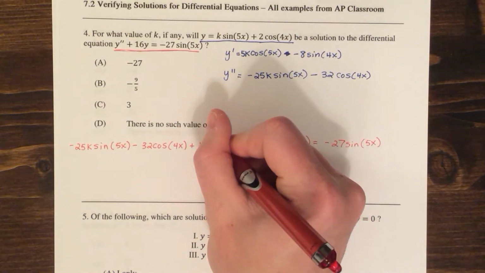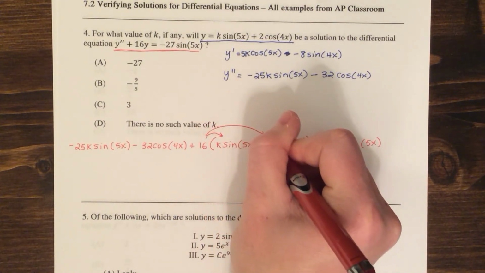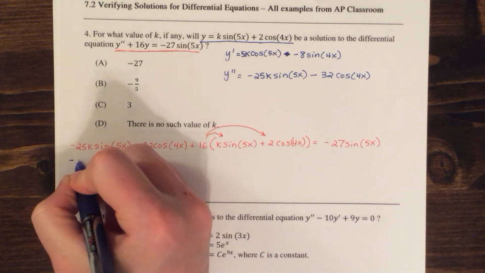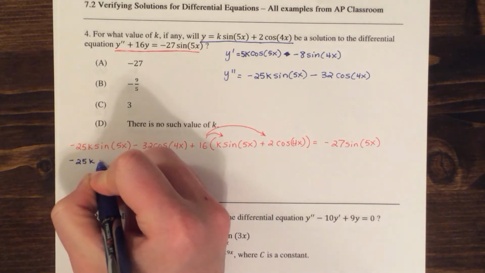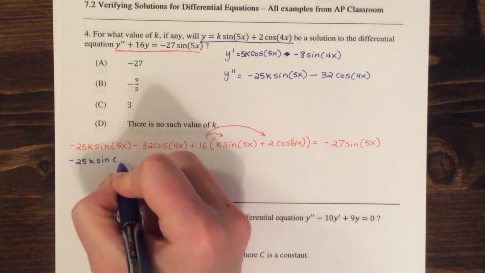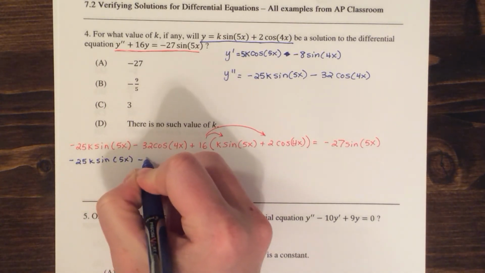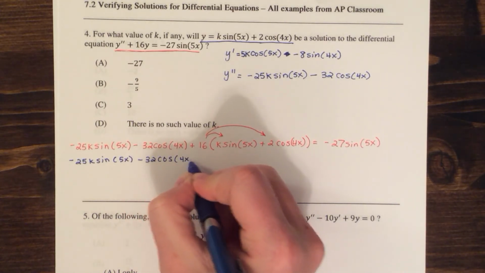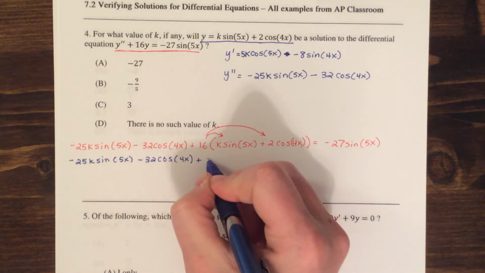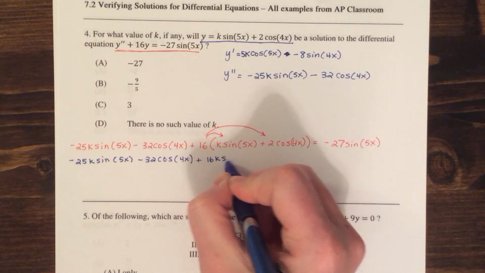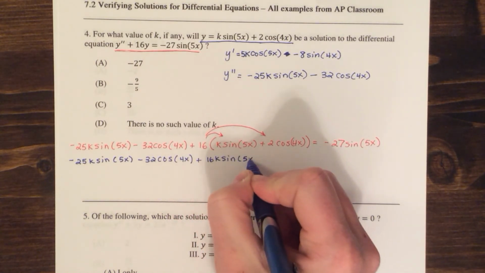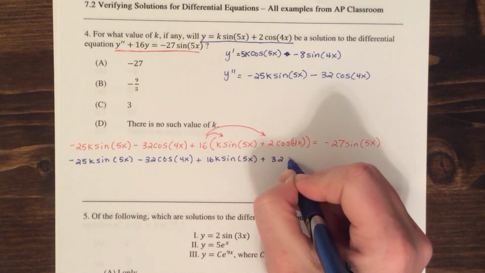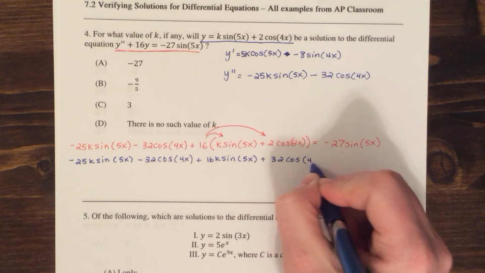All right, so then if we distribute this 16 here, we're going to end up with negative 25k sine of 5x minus 32 cosine of 4x plus 16k sine of 5x plus 32 cosine of 4x.